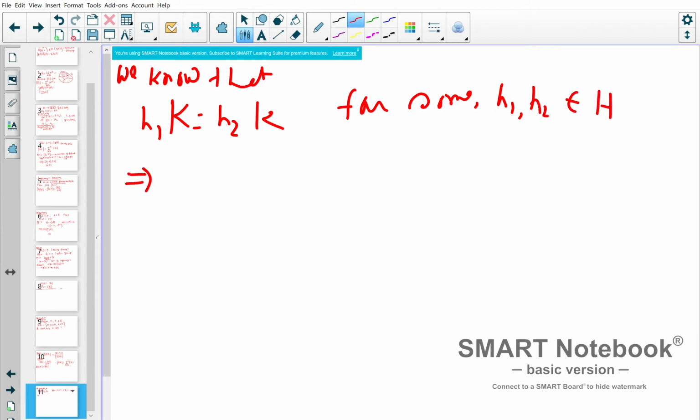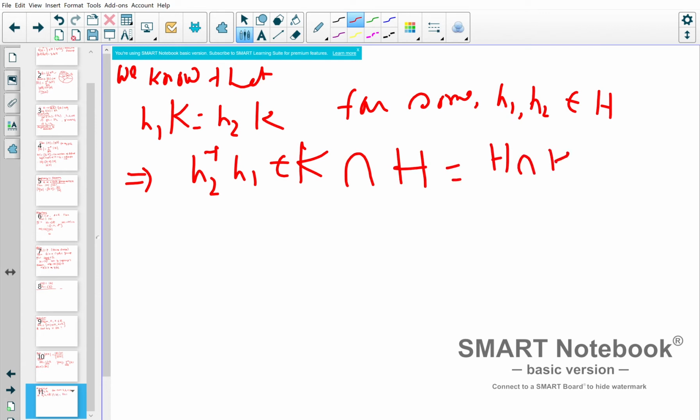This implies that h2 inverse h1 is an element of K, right? This is a property of cosets. And again, h2 inverse h1 is an element of H, because H is a subgroup. So this is an element of H intersection K, doesn't matter how we write it. Okay, so what does that mean?